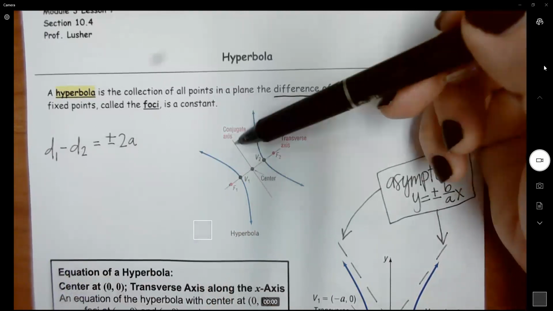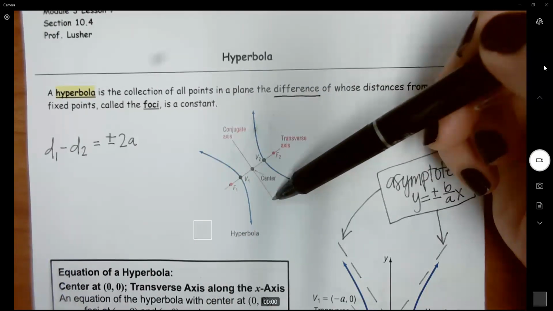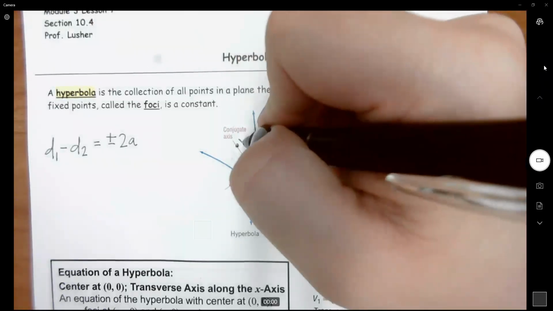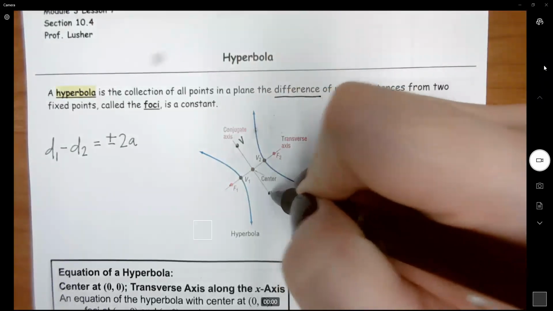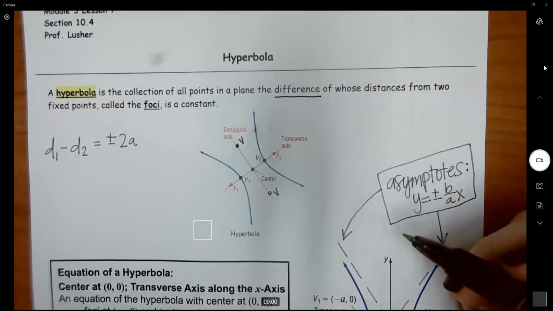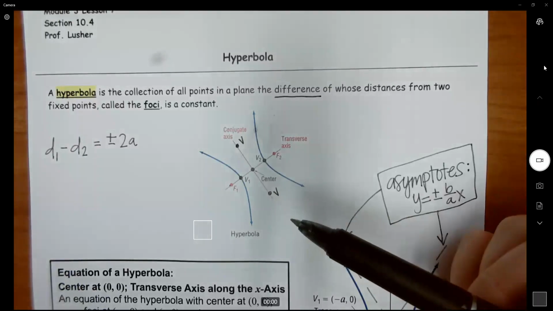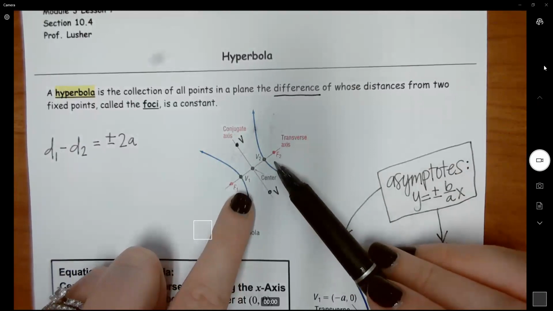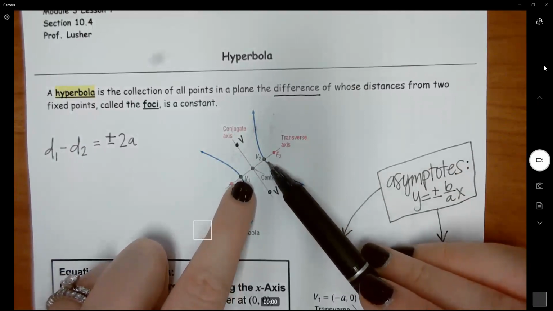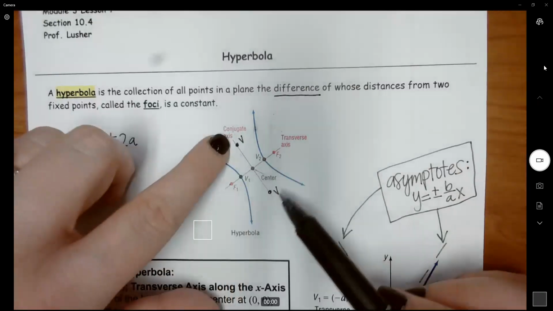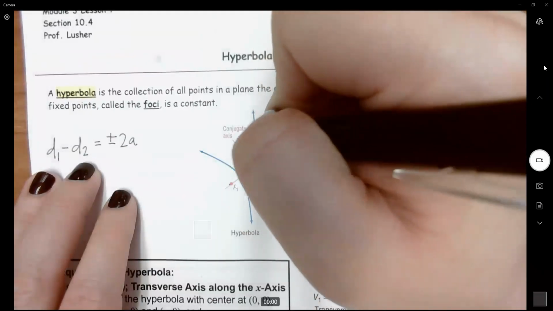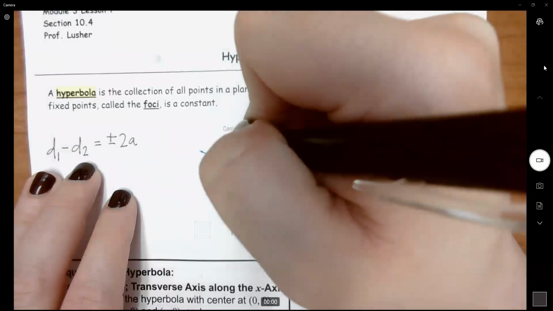We don't pay a lot of attention to it, but that conjugate axis would also have two vertices here. As you can see, that's not part of my graph, but if you remember from ellipses, your major vertices, and in this case really your only vertices are on your transverse axis, we label these A. This is what my B is, and so what we will end up doing is making this imaginary box.